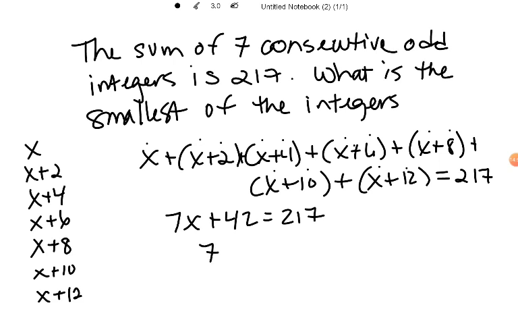We get 7x equals 175. And x equals 25. So it asks for the smallest integer, and that is 25.